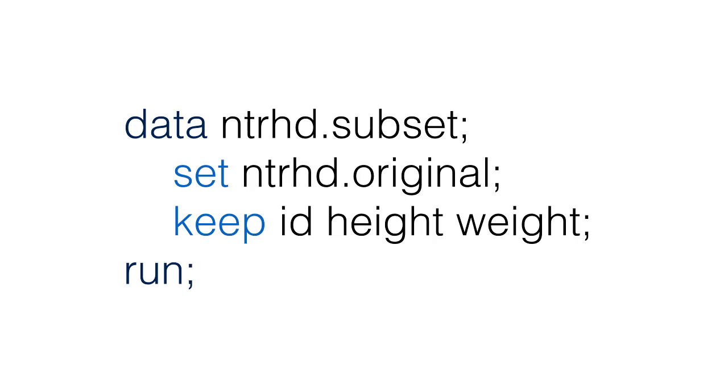In this example, regardless of how many variables were in the dataset ntrhd.original, only the variables ID, height, and weight will be written to the new dataset ntrhd.subset. Importantly, however, all the variables from ntrhd.original are initialized in the PDV and available for SAS expressions. They just aren't written out into the new dataset.